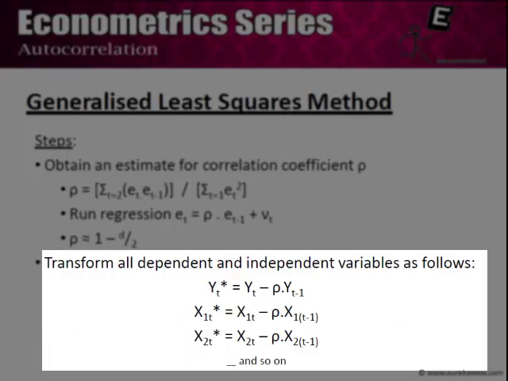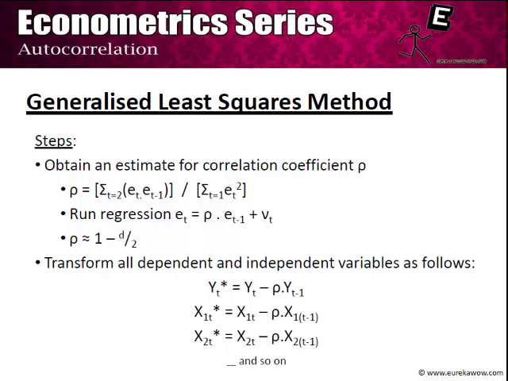So once we have an estimate of rho from either of these three methods, we can transform all dependent and independent variables as we have previously done for the first difference method. However, instead of subtracting yt minus 1 from yt, we now multiply yt minus 1 by rho and then subtract from yt. Similarly, we obtain new independent variables such as x1t star equal to x1t minus rho into x1 t minus 1 and x2t star equal to x2t minus rho x2 t minus 1 and so on.